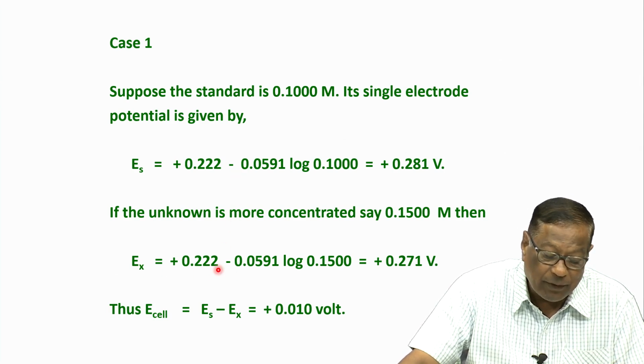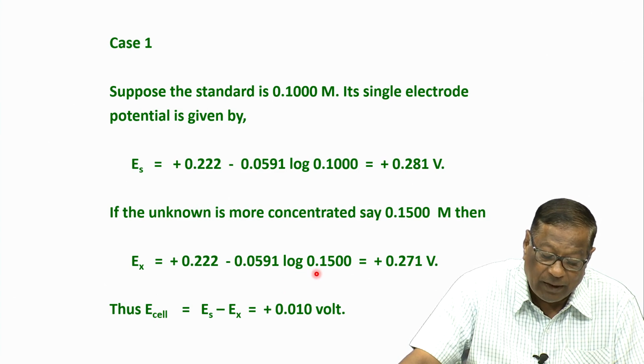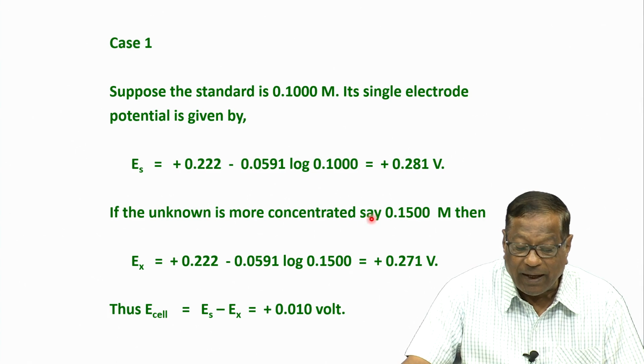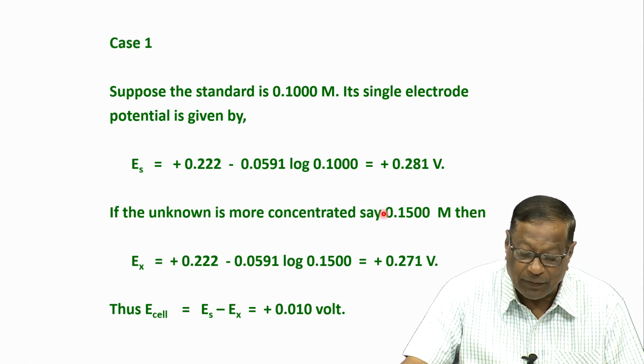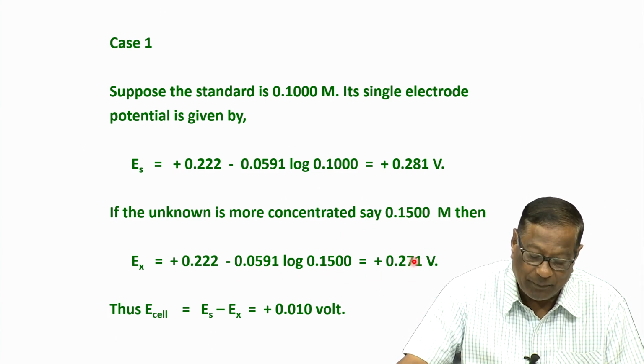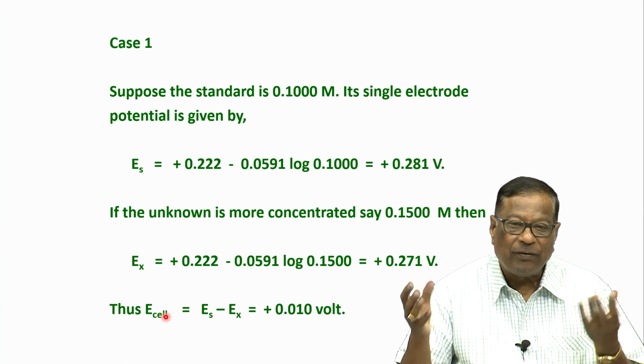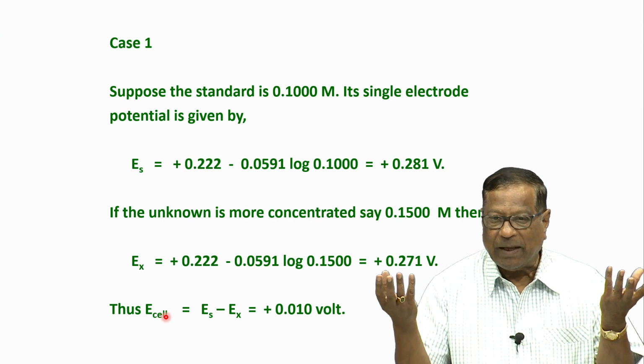This is common because it is E naught of silver Ag plus by Ag, minus 0.0591 log of 0.1500. Now, I am assuming that it is 0.1500 concentration. Then what I should get? This value is 0.271.